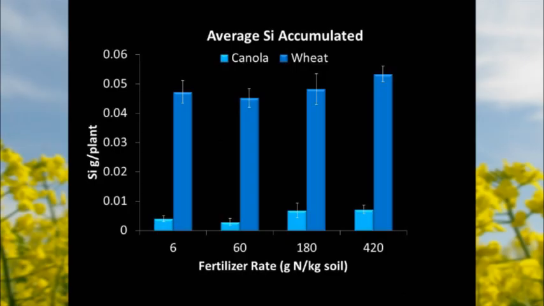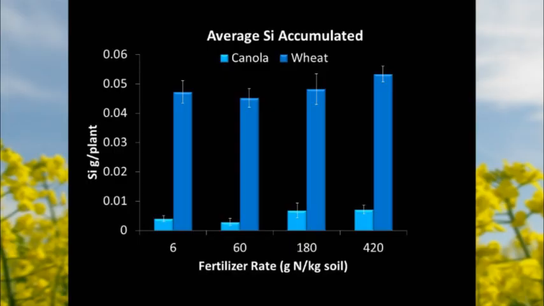As you can see, the dark blue bars are the wheat and the light blue is the canola. Keep in mind that this is grams per plant, so it's on a very small scale. But if you think of this on a field size, when you've got tons of residue, then it really becomes larger numbers. So wheat accumulates at least 4 times as much silica as canola. And this residue is everything combined, so it's leaves, stems, pretty much everything except for the grain or the roots.